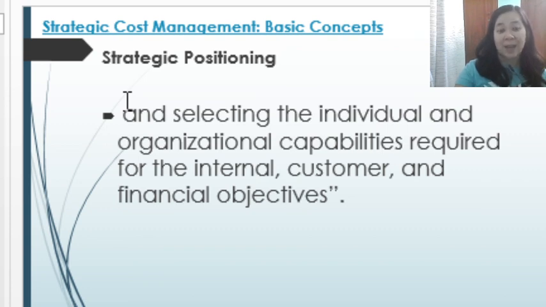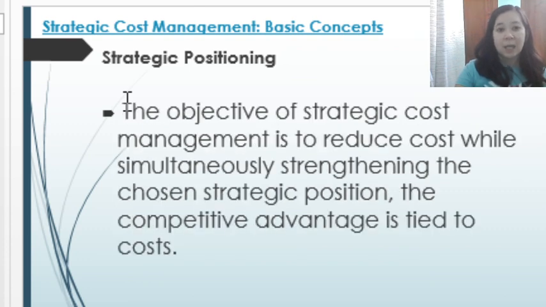So this is also important, as well as selecting the individual and organizational capabilities that are required for the internal, customer, and financial objectives. So the main objective of strategic cost management, therefore, is to reduce the cost while simultaneously strengthening the chosen strategic position. The competitive advantage is tied to cost. So here, since we are talking about strategic cost management, we focus on the cost in choosing the strategic position.